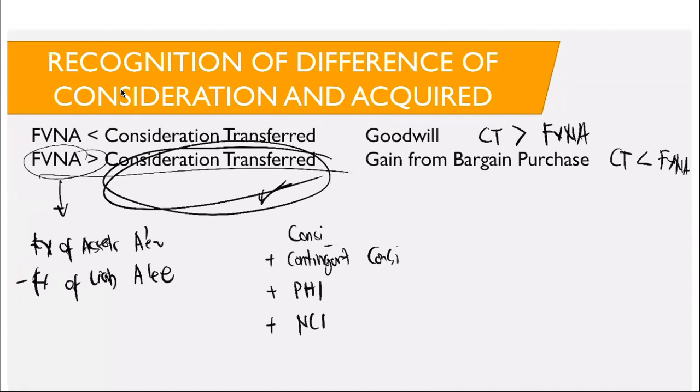You compare both, you can get goodwill or gain from bargain purchase. For next meeting, we are now ready to compute for the goodwill and the gain from bargain purchase. Okay, you just need to compare the two. That's it for this session. We will continue next meeting.